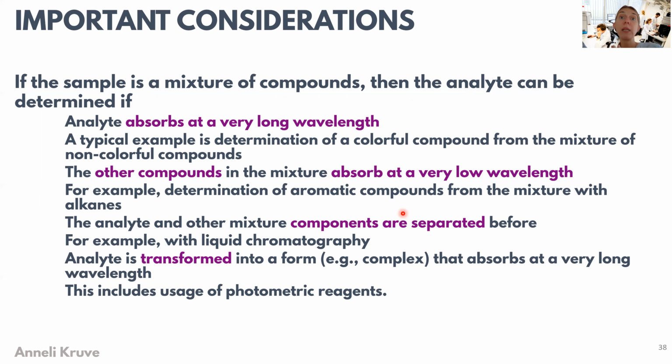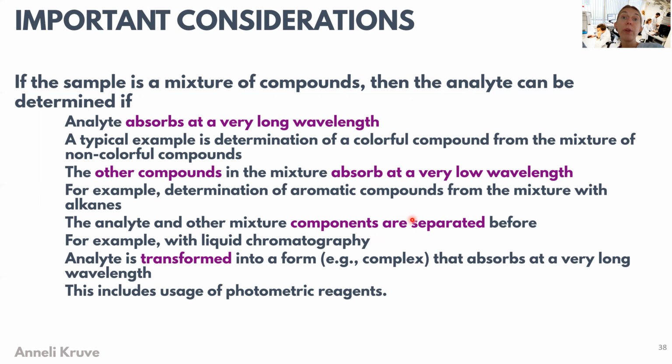But we know that the alkanes almost don't absorb in the UV region. They mostly absorb in the vacuum UV, and therefore we can say that our matrix compounds, the alkanes, are not interfering with our measurements, even though the analytes themselves do not absorb at such a high wavelength.